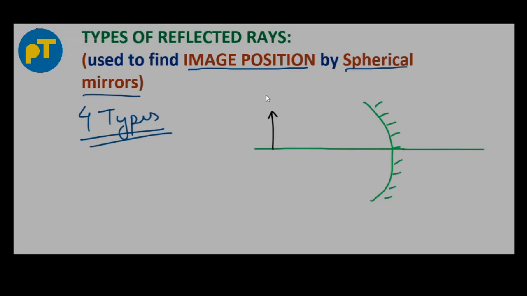Basically there are so many rays coming out from a point on an object. It could be parallel to the principal axis, it could be at some random angle, or it could be directly coming to the pole, or it could be anywhere. So there are various rays that can come out from the point, and these are infinite.